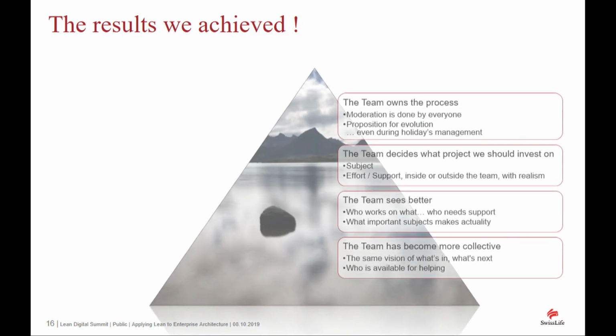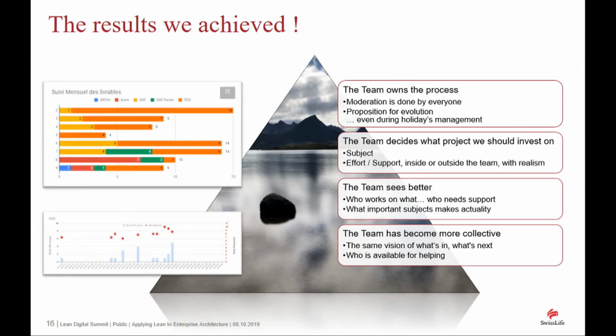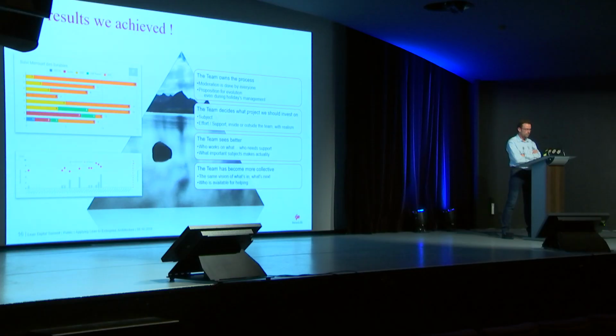So, we have simple KPIs objectifying the amount of work delivered by the team. We have facts and not feelings anymore. And the most important, we have feedback from ourselves and from our customers on what happens in the project to identify problems and solve them by testing.